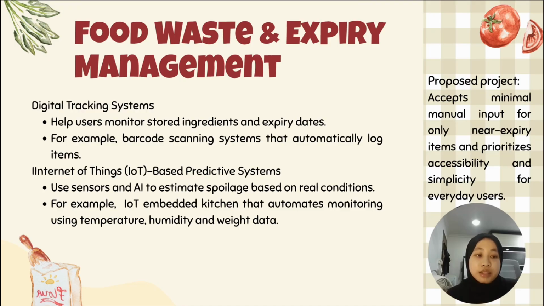IoT predictive systems are highly accurate, but due to cost and complexity, they are unrealistic for everyday use. This project focuses on a middle ground, which is a simple but effective web-based system where users only enter items they are most likely to forget, and the system prioritizes near-expiry ingredients. This makes the system both accessible and user-friendly.